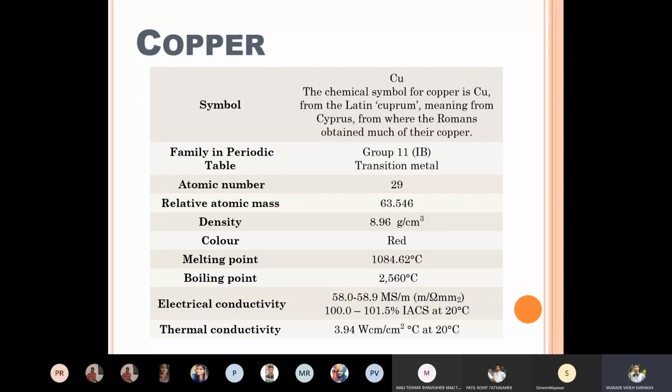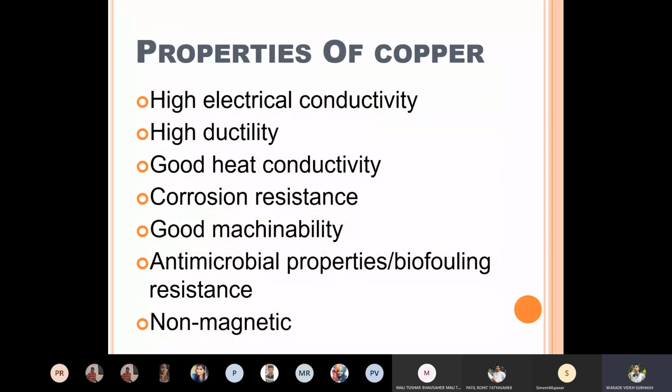Properties of copper: high electrical conductivity, high ductility, good heat conductivity, corrosion resistance, good machinability, antimicrobial properties or biofouling resistance. As we can see now, some homes use copper materials for drinking water, and some for prestigious use, and it is non-magnetic.